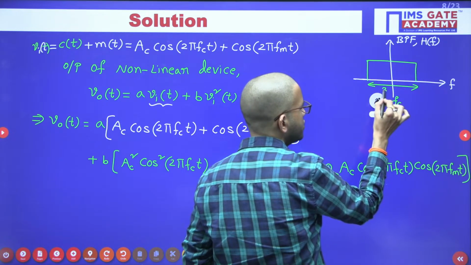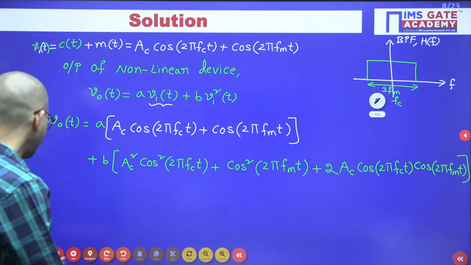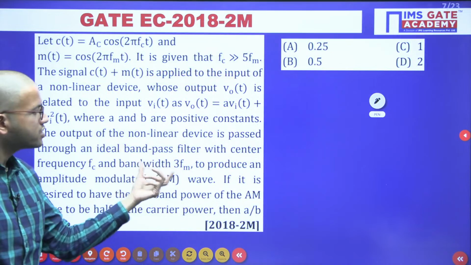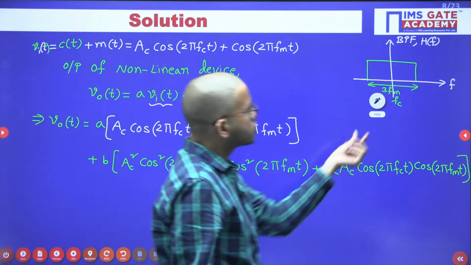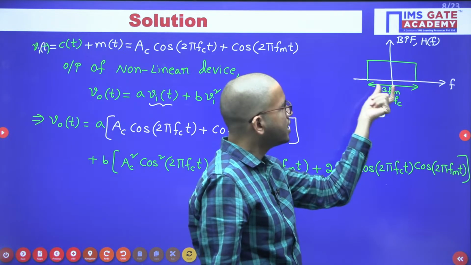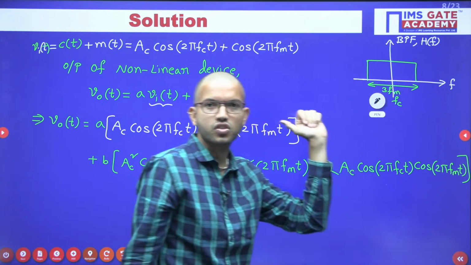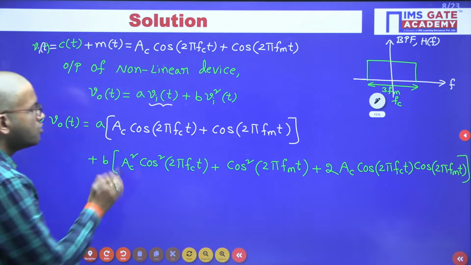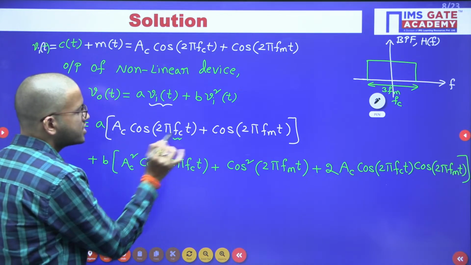They have mentioned the bandwidth of that particular filter as 3 FM. Center frequency is FC. It is passing some band of frequencies on this side and some band on this side. Together you have this much band. Now if you carefully observe, here you have the FC term.